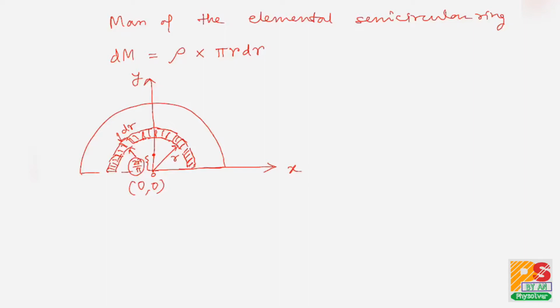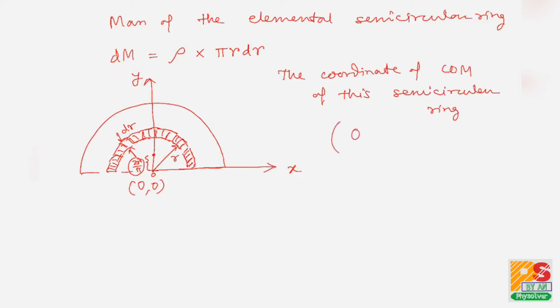Therefore the coordinate of center of mass of this semicircular ring lies at (0, 2r by pi). I hope you understand. Therefore x coordinate is 0. Therefore x com is also 0, which is obvious, and you don't have to calculate it.